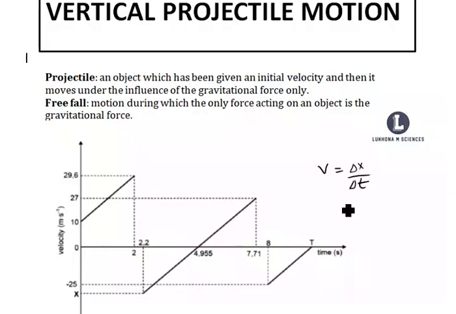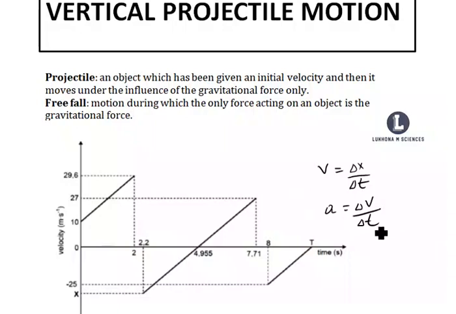Then we have another one for calculating acceleration. It was change in v over change in time. So we are going to interact with these formulas. It's only these two.